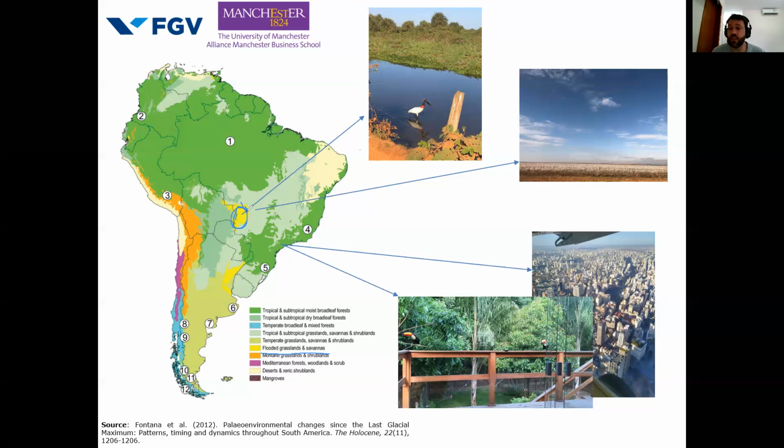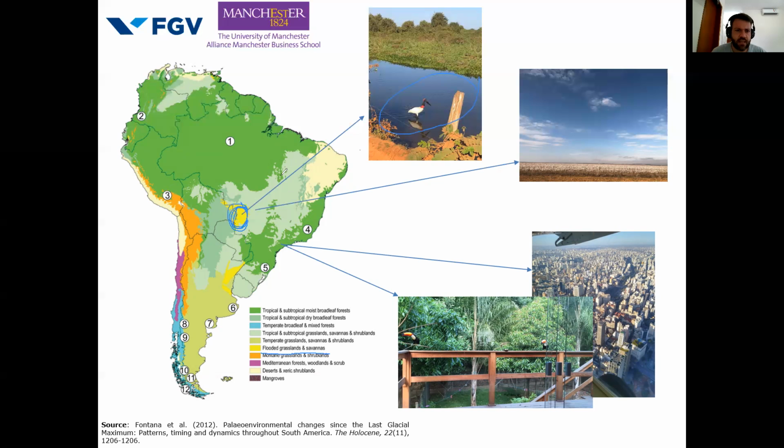Paraguay River originates in that area. Okay, I explained in prior videos the importance of Paraguay River to the region. Okay, here we have a picture showing a little bit about this region.